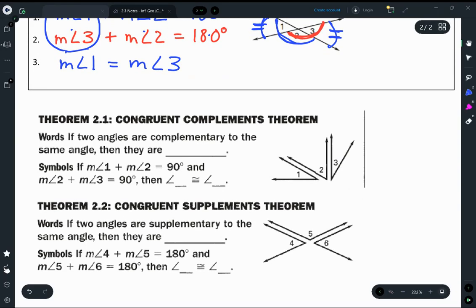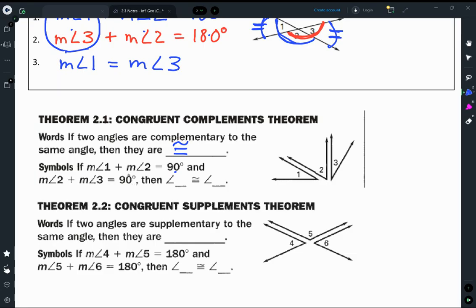So first we're looking at the congruent complements theorem. If two angles are complementary to the same angle, then they are congruent. They're showing something really similar here to what we did up above. If I take angle 1 and angle 2, I add them together and I get 90. If I take angle 2 and angle 3, I add them together and get 90.